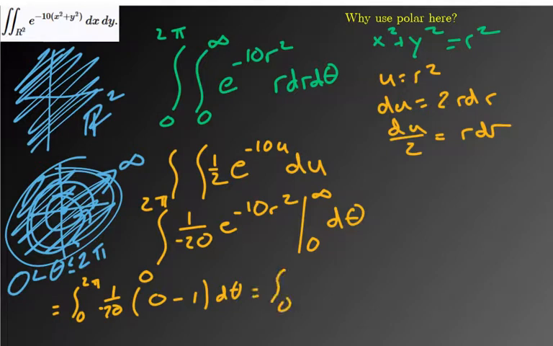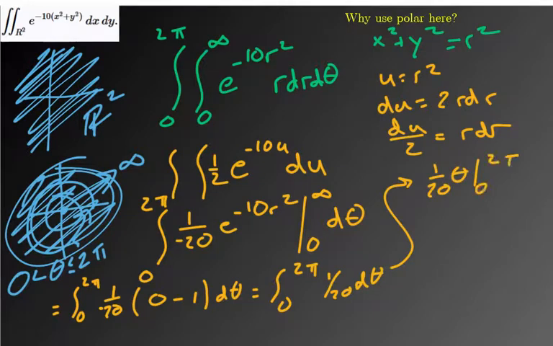So we get 0 to 2 pi, 1/20th d theta. We literally tack on a theta there. So 1/20th theta running from 0 to 2 pi. If you solve that, you get pi over 10.